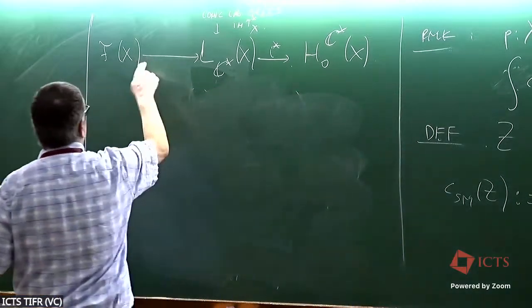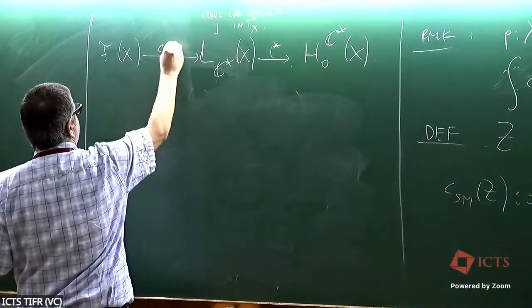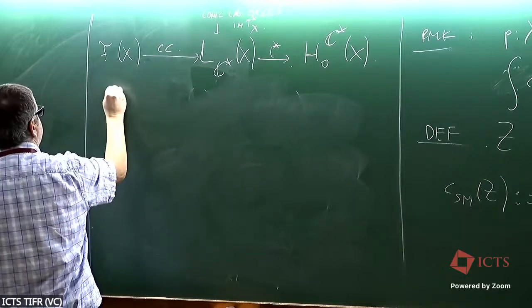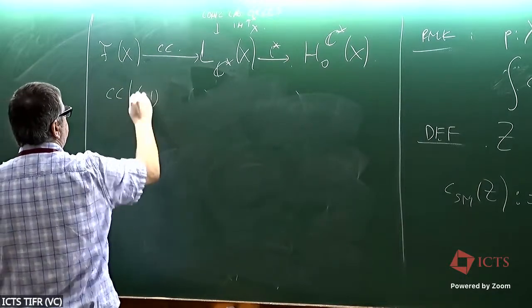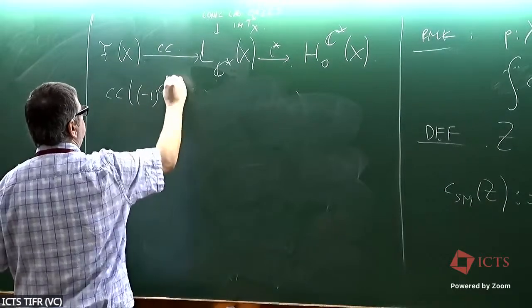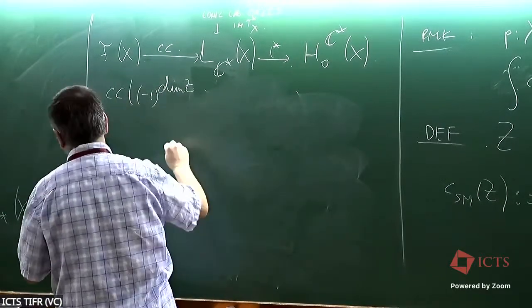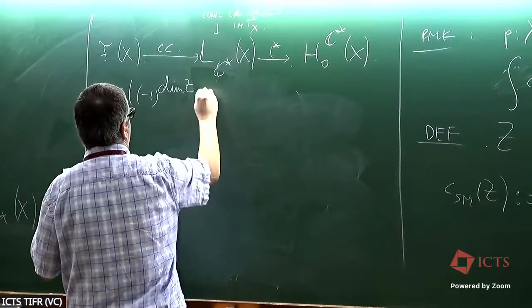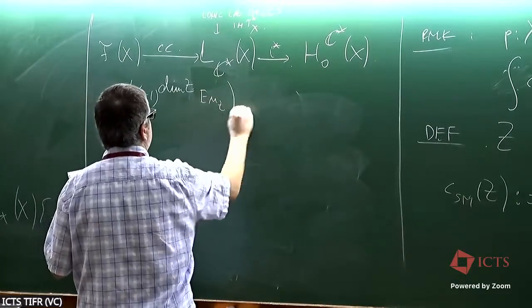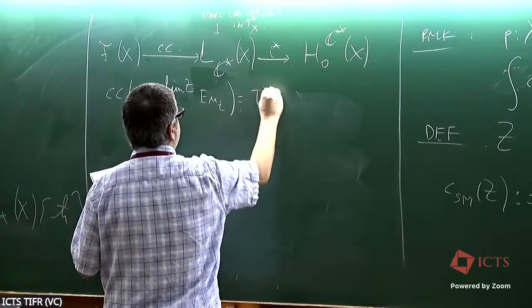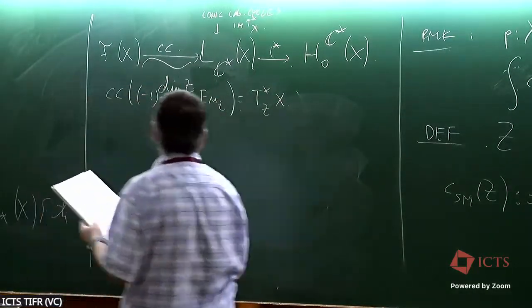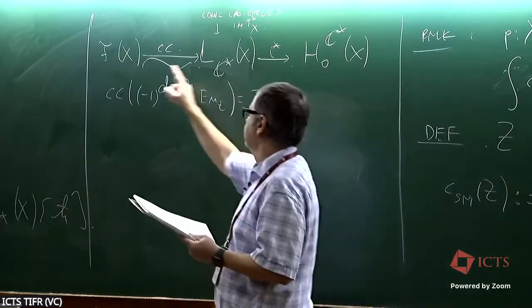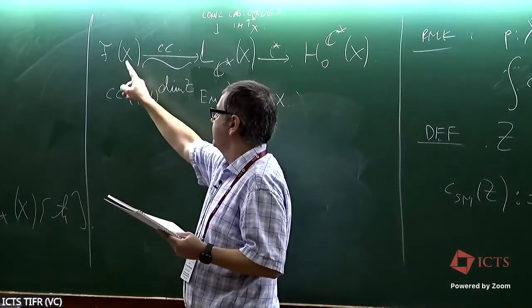There is a map here called the characteristic cycle map. This characteristic cycle map is uniquely determined by the condition that there are always signs in this story. So if you take minus one to the dimension times the Euler obstruction, then you get the conormal space. And this characteristic cycle map is actually an isomorphism. So in some sense, not in some sense, in a precise sense, this identifies this with that.